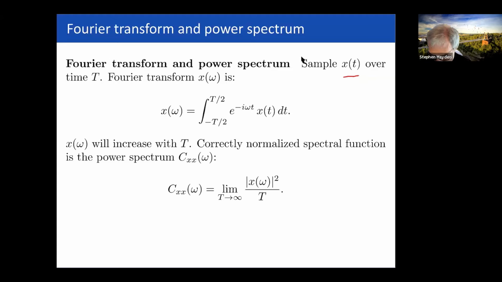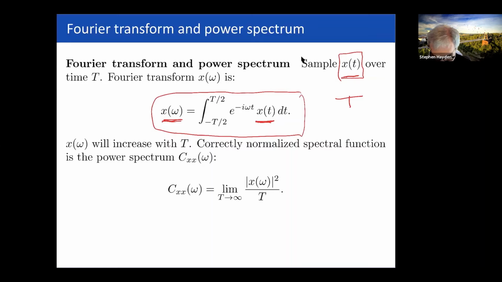If we know X of t, we've measured it in some way over some time, big T, we can define a Fourier transform in this way over a certain time. And one thing about doing spectral analysis of these things is you have to normalize the Fourier transform in the right way. The correct way of doing it is shown here.